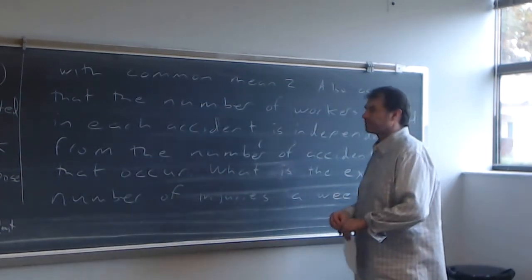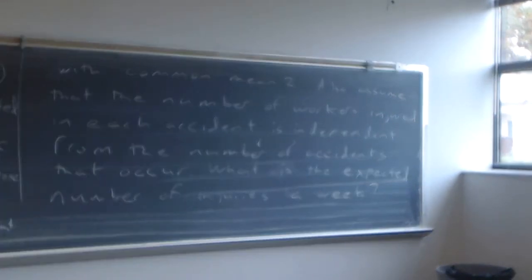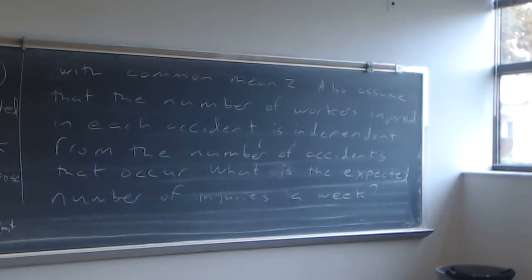That's the question. Okay. So what's involved here is the number of injuries that you have in a week. And of course, that's kind of dependent on the number of accidents that you have and the number of injuries per accident.